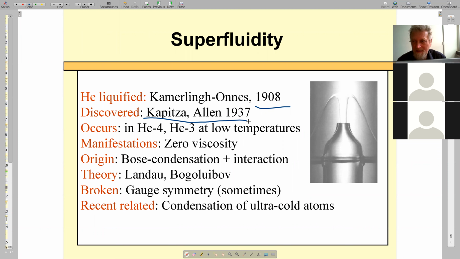In contrast with superconductivity, which occurs in many compounds, elements, materials, it occurs only in two almost identical liquids, in helium: helium-4 or helium-3, which are different isotopes of helium.